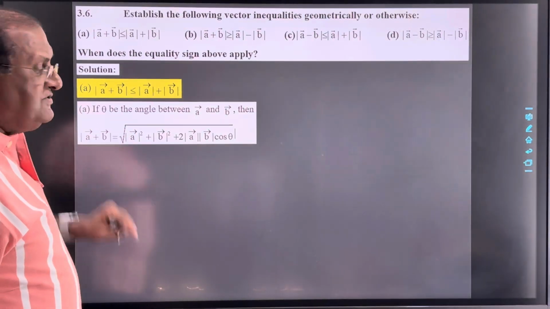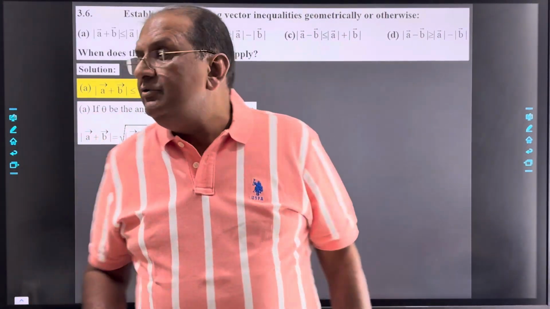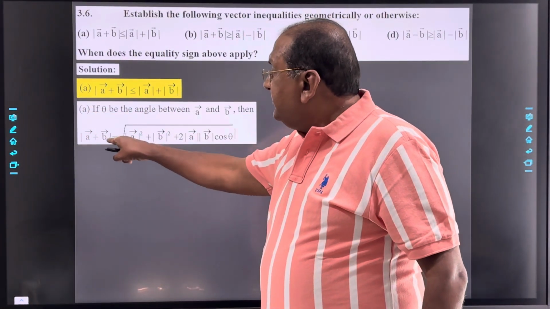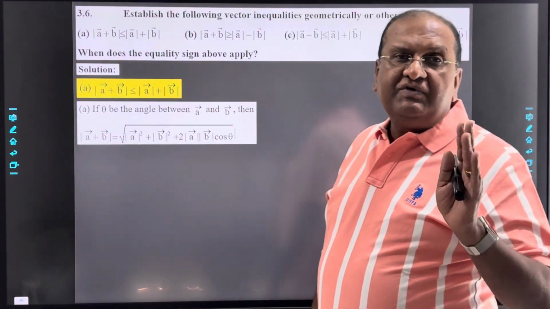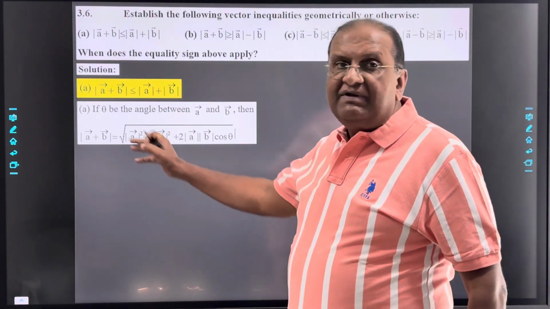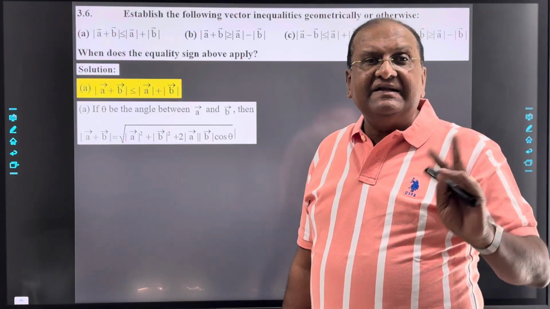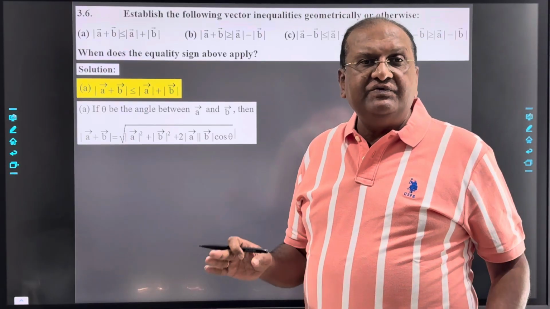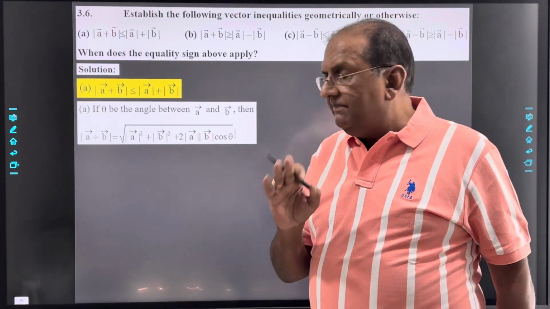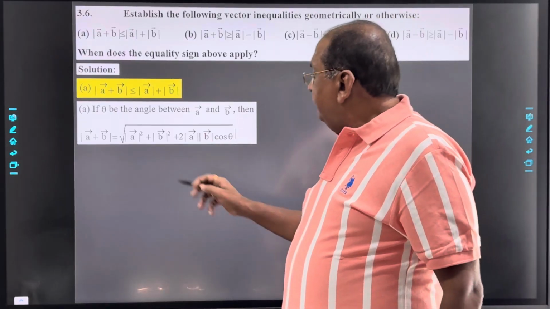So let's first find out the maximum value of magnitude a plus b. Because once we find the maximum possible value of this, then we can say all other values will be less than that. Okay? Now see here.